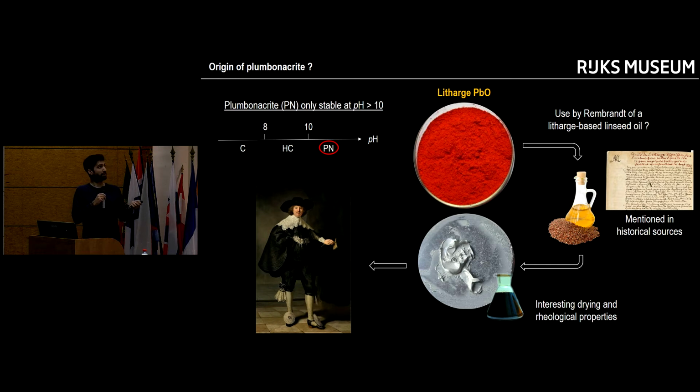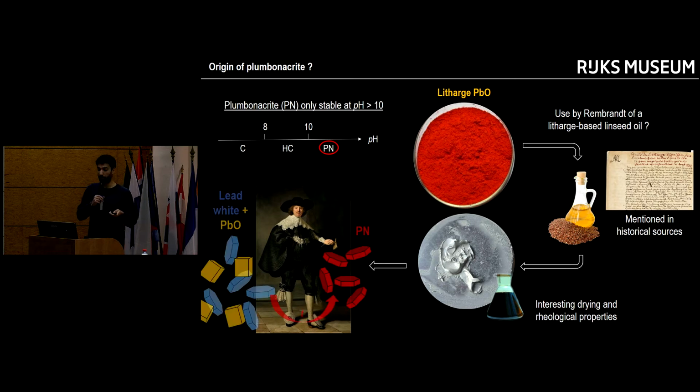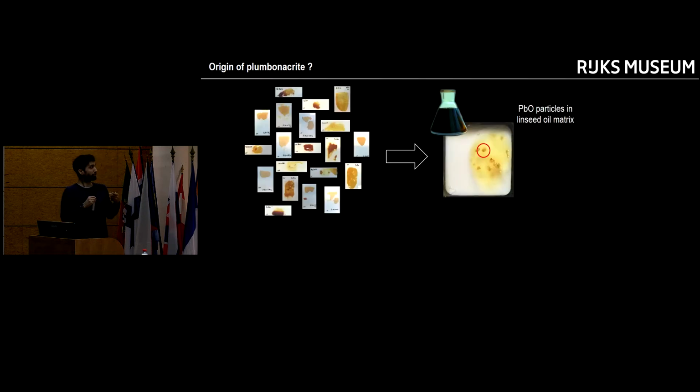We know that a litharge-based oil has interesting drying and rheological properties, which might be useful to build this very thick paint. So our hypothesis was that perhaps a mixture of lead white in the presence of litharge might induce the formation of plomonacrite. To confirm this hypothesis, we went back to the lab and prepared a lot of models. The internship of Tiffany Tang was done at the Rijksmuseum Science Department.